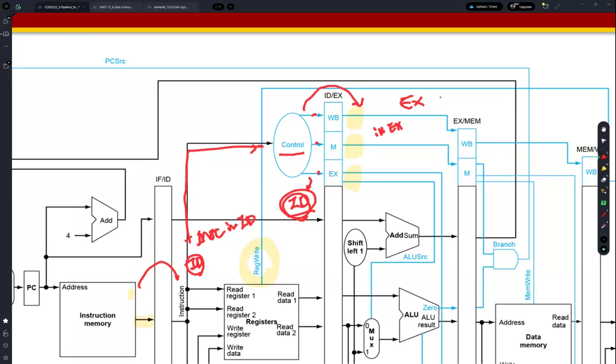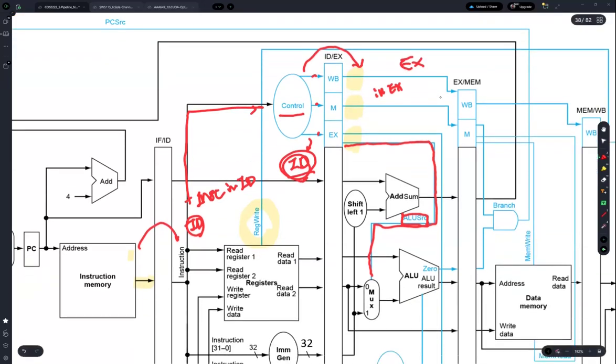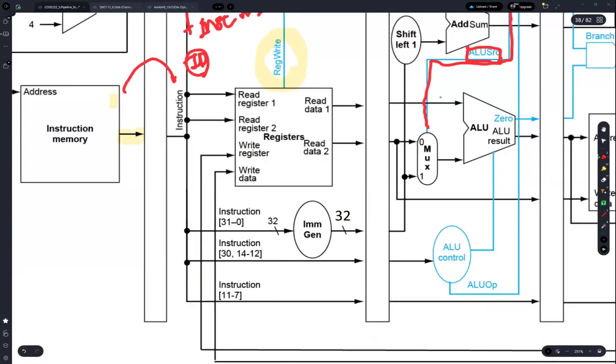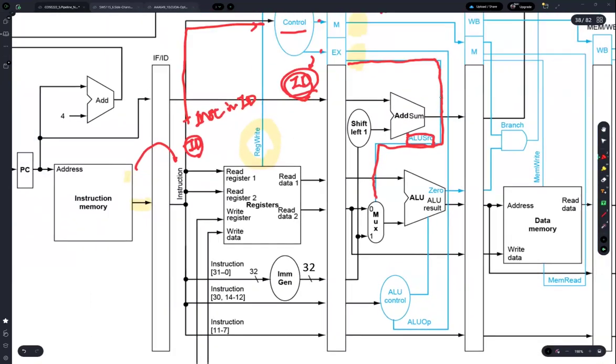You can find the ALU source here, right? Also, you can find the ALUOp signal here.